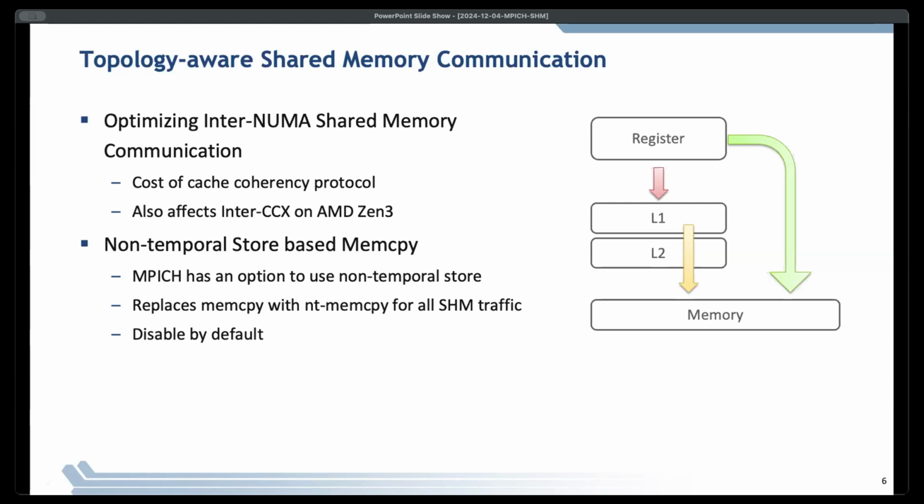This is largely because the cost of the cache coherency protocol across the link between two NUMA nodes is very, very expensive. This effect has been observed in many systems, and also on architectures like the AMD Zen 3, where even within one package you have multiple CCXs that don't share the last level cache.